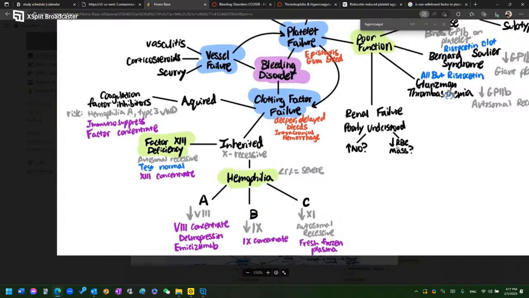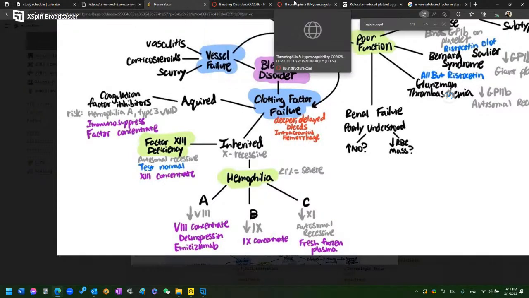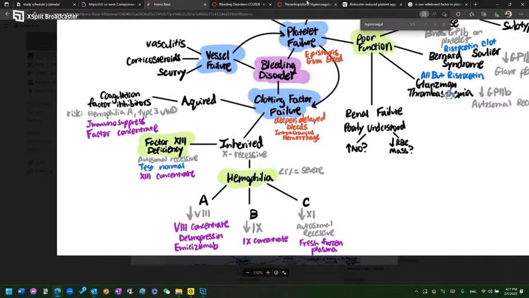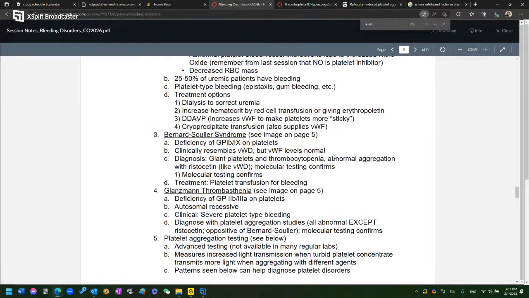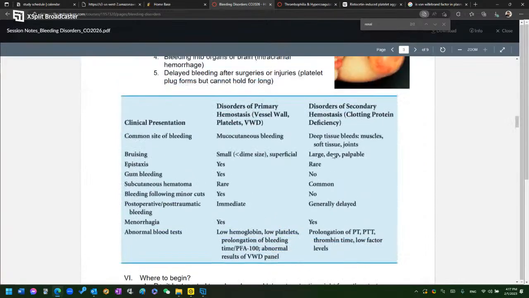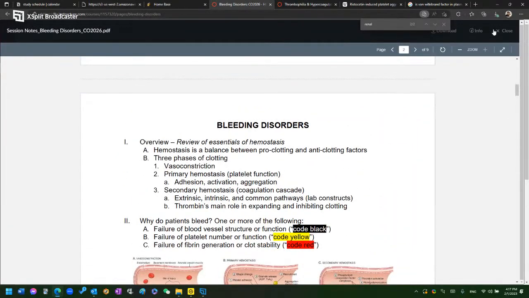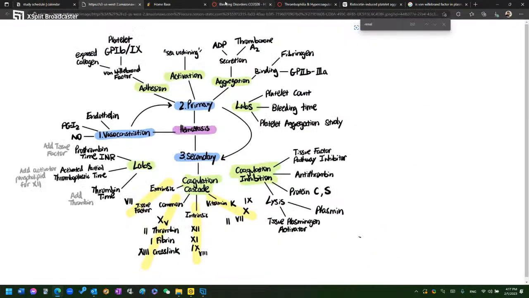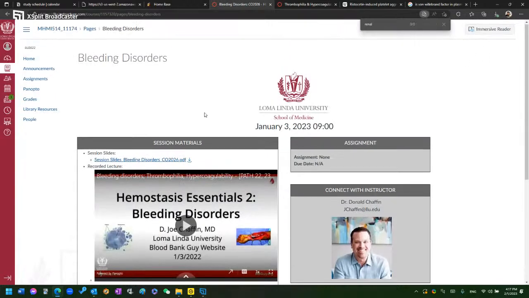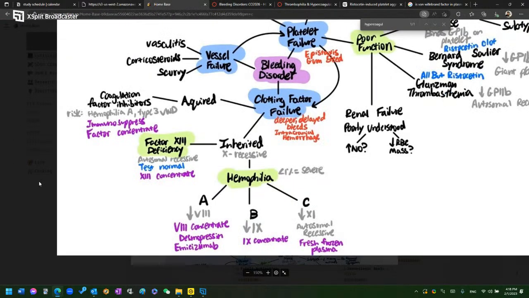Hemophilia B is when you have low factor IX, which is closely related on that list. If we can bring up the picture again. I should just save that image, but you're going to have to take my word for it.